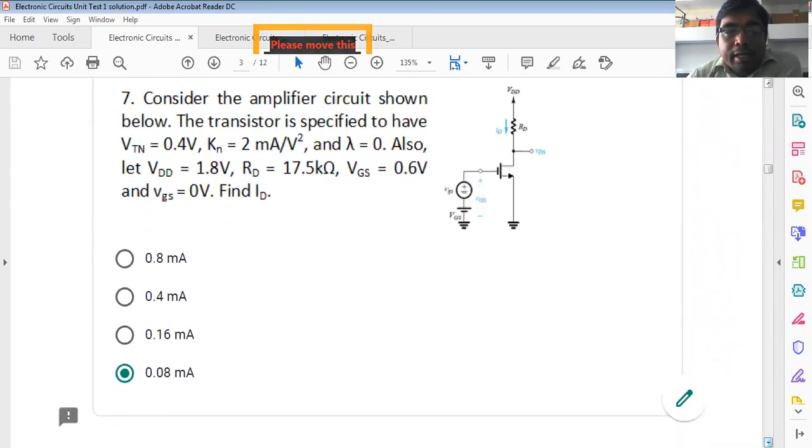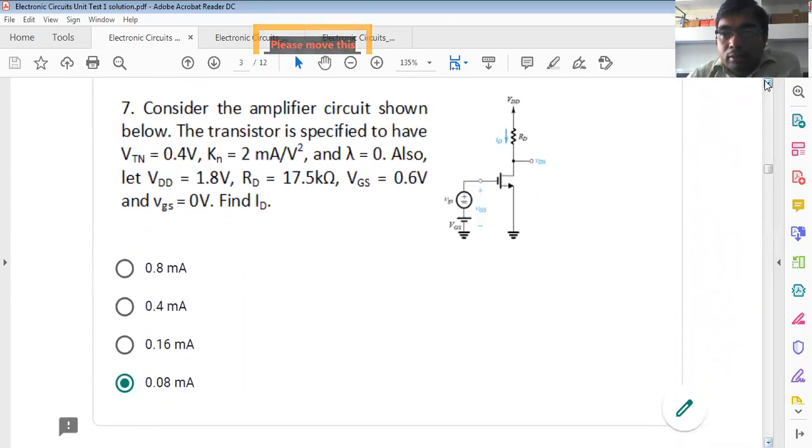Now come to the seventh question, which is a numerical. The numerical says to consider the amplifier shown in this diagram.